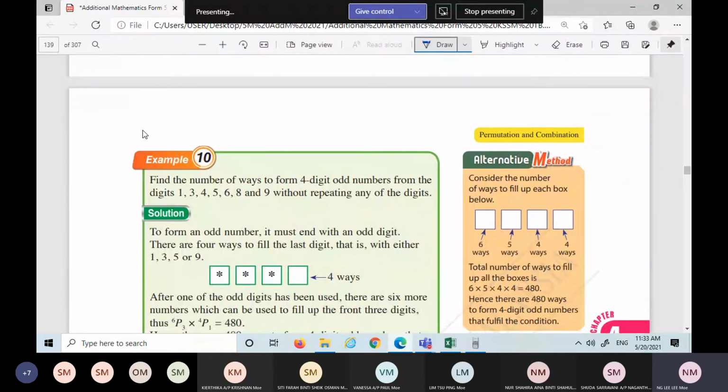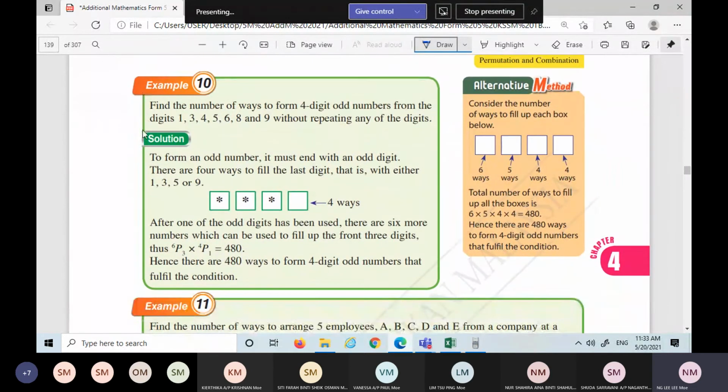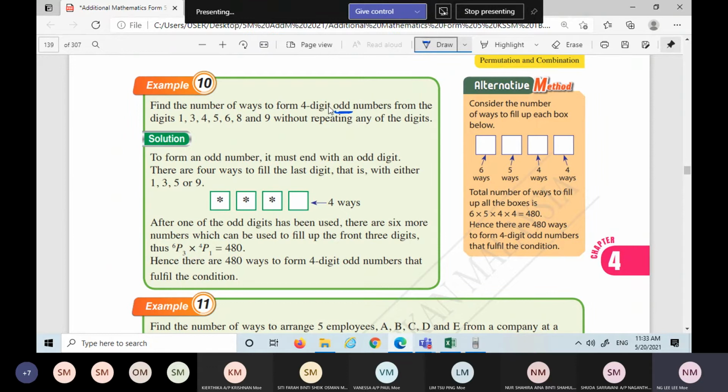Look at example 10. All this is with conditions on. Find the number of ways to form a 4-digit odd number. The condition here is odd number, 4 digit, from the digits 1, 3, 4, 5, 6, 8, 10.